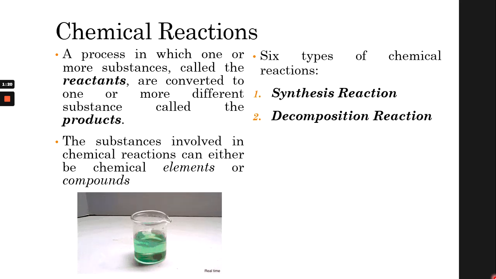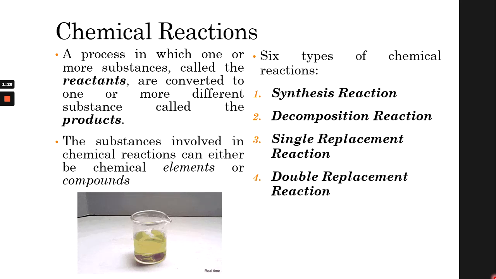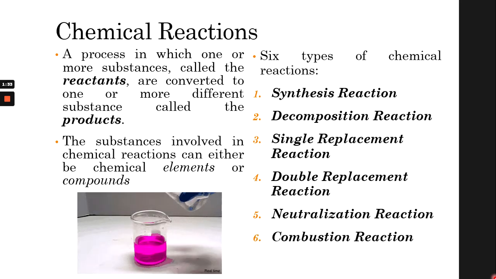First one is synthesis, second is decomposition, third is single replacement, or sometimes we call single displacement. We also have double replacement, neutralization, and combustion reaction. Today we are going to discuss each of these reactions and give some examples on how these reactions occur.